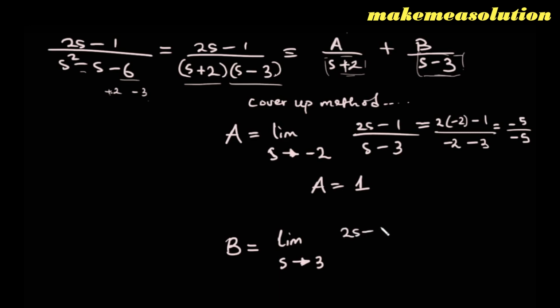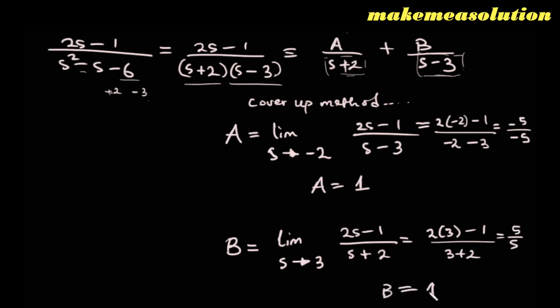So you have 2s minus 1 divided by s plus 2. This gives me 2 into 3 minus 1 divided by 3 plus 2, which is 5 over 5, and b is 1.